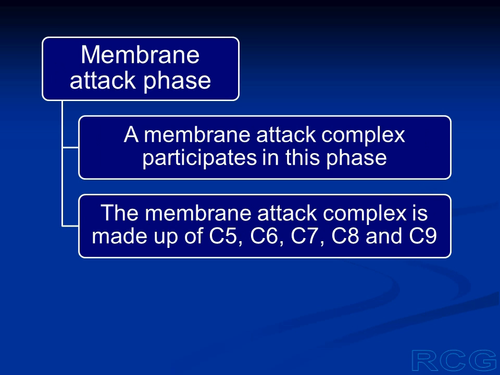The third and last phase is the membrane attack phase. In this phase, a membrane attack complex is formed, and this complex is made up of complement components C5, C6, C7, C8, and C9.